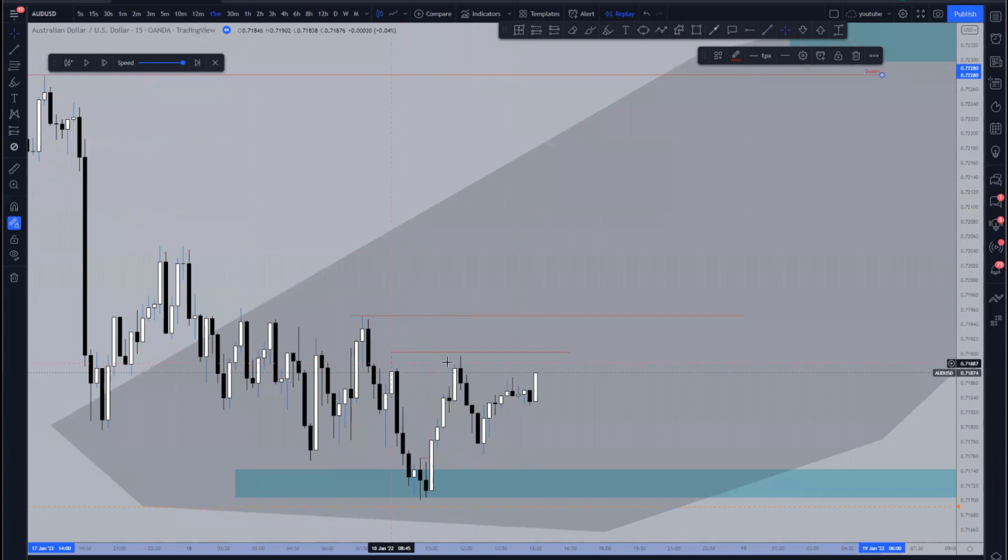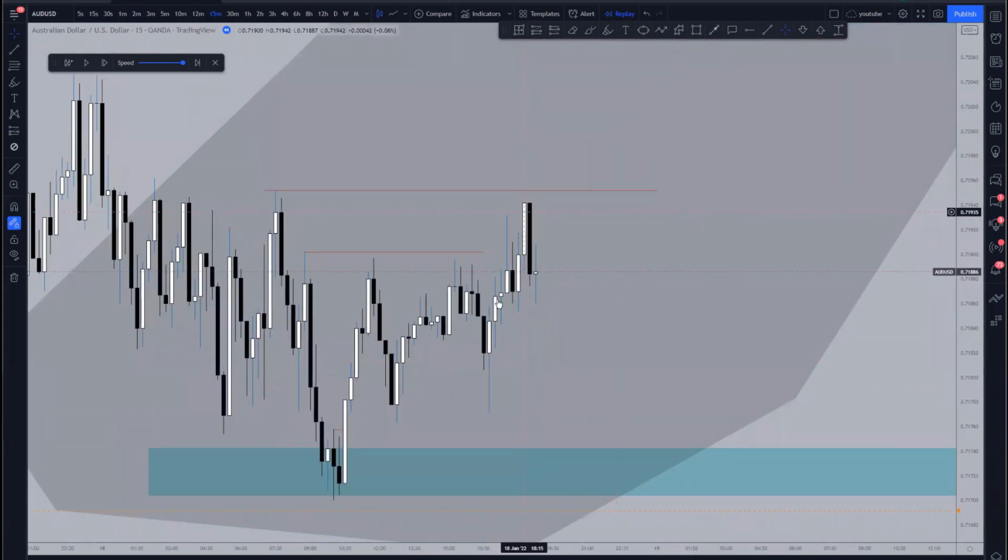Okay, price couldn't quite make it past that supply, so it needs to stay above in order to transition. It needs to stay above this level of demand that is pushing up, right? So if this is where our M1 and M5 transition started, price must stay above that in order to continue to attempt to transition this M15 and M30 level.